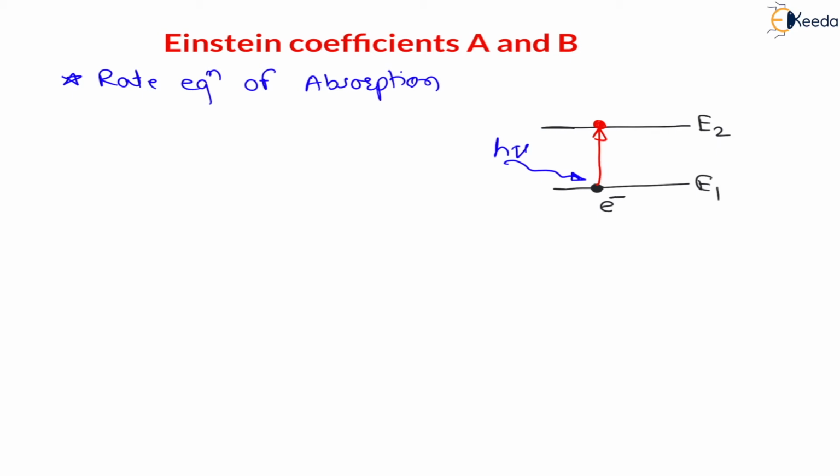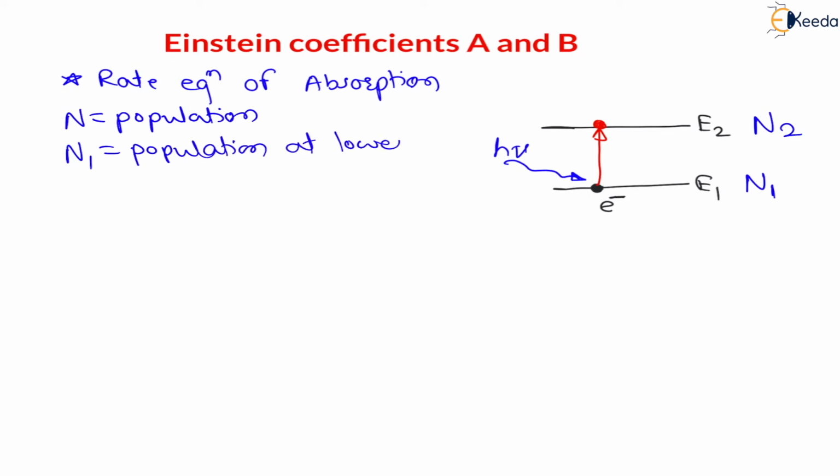Now here I am using some terminology. Here this mu is nothing but the radiation frequency, already we have seen. Now let us say n1 and n2, I am again using the notations n1 and n2. Here n1 is for the lower energy level and n2 for the higher energy level, where n is nothing but the population density, or simply called population. n1 is the population at the lower energy level, also called the ground level.